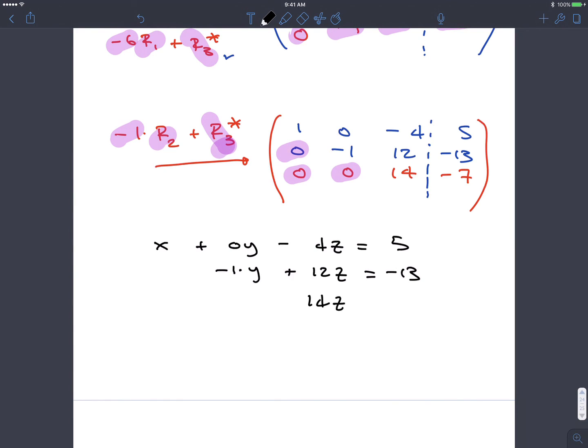We get 14z is -7. And you can say, what about the rest with these zeros again? Well, notice with all these zeros here, we get a 0, a 0, a 0, a 0. So wherever there's a 0, we might as well just simply erase. It's not even there.